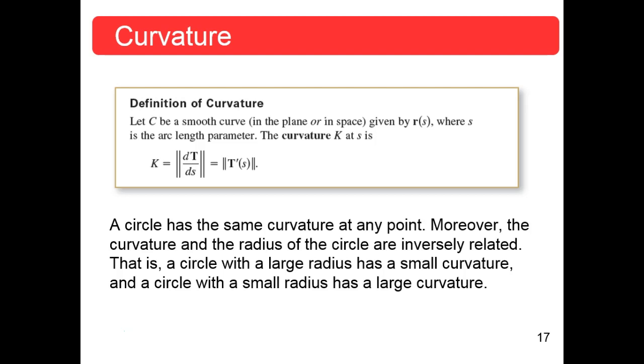A smaller circle has to have a much greater curvature than a great big circle. That is, a circle with a large radius has a very small curvature. A circle with a small radius has a very large curvature. Yeah, that makes perfect sense. Right? Okay.